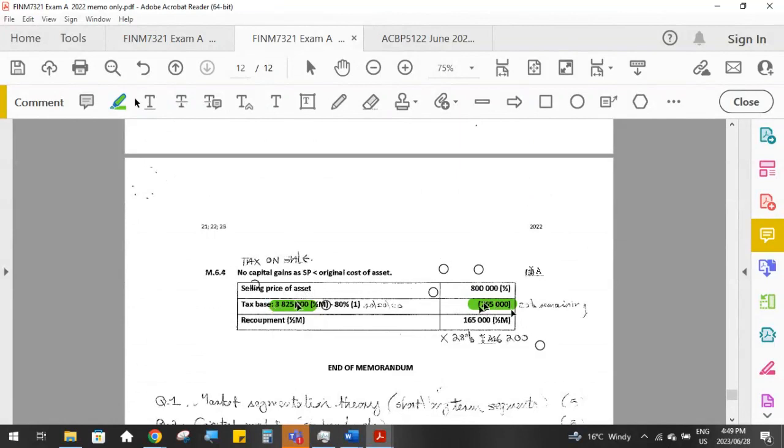The selling price, in other words our income before tax, is 800,000. We are allowed to deduct from that 800,000 the 765, which we have not yet claimed as a tax allowance. So that leaves 165,000 of that 800,000 that we sold it for as the taxable amount. So 165,000 multiplied by 28%, which is the tax rate, means that the tax they would have to pay is 46,200.